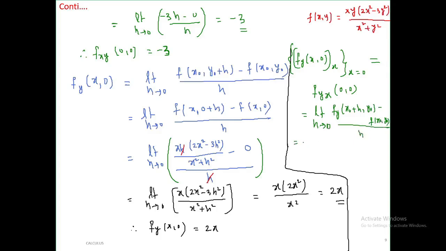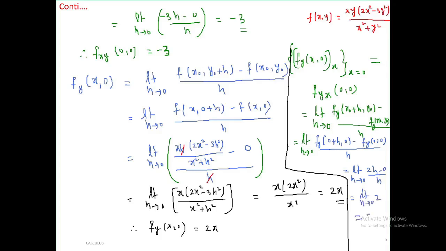So f_y of (0 plus h, 0) minus f_y at (0, 0), whole upon h. f_y at (h, 0): wherever x, you write h, so we get 2h minus 0 by h. The h cancels out, so limit h tends to 0 gives 2.